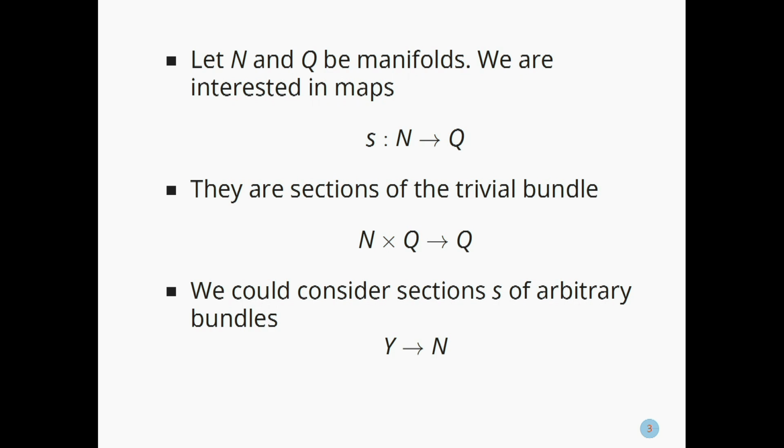For example, mechanics. Mechanics is a trivial bundle where N is time, the real line. So a section of this bundle is a map from the time variable to a manifold. That's mechanics. But it can also be, for example, a vector field in fluids.